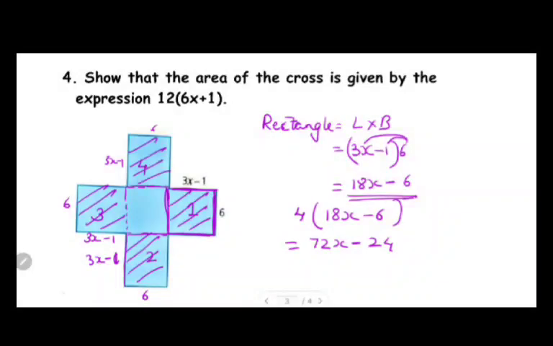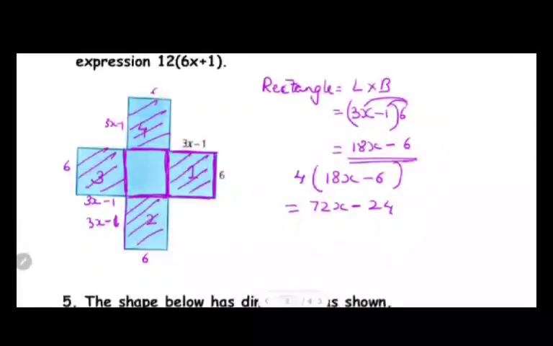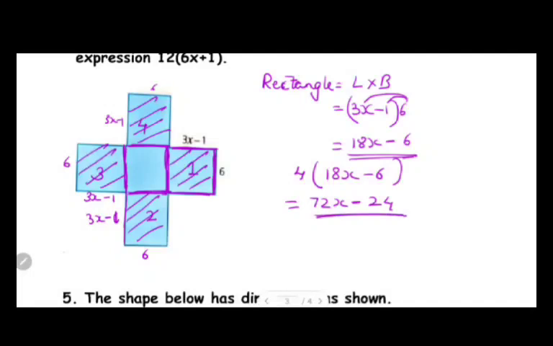Okay, now we are left with this part. This is the same as 6, this is 6 as well, this is 6 and this is 6. So this is more like a square. What is the area of a square? It is side squared.